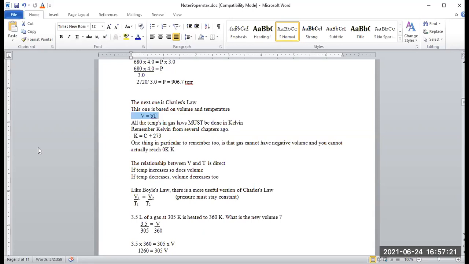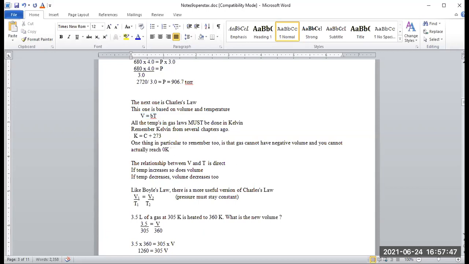Because other units of temperature, both Celsius and Fahrenheit, are capable of having negative values, which would imply, if you tried to put them into your equations, that you had negative volume.